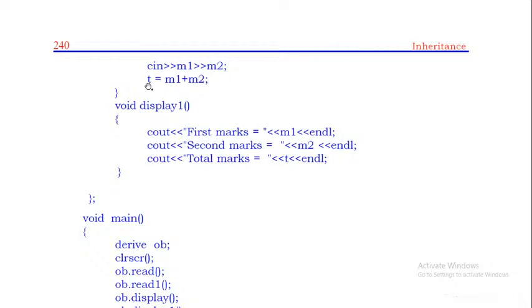So t contains the addition of these two marks. Finally it will come here and print the m1 value, whatever is there in m1, and the m2 value, whatever is there in m2. Finally t, we moved t, right? That value will be displayed.